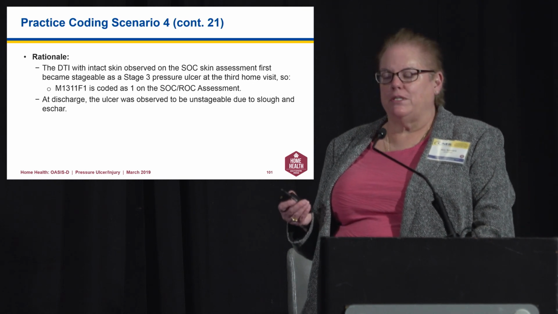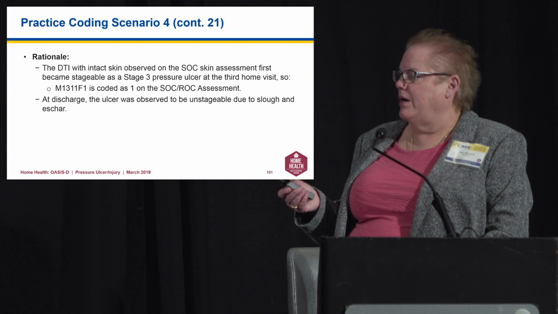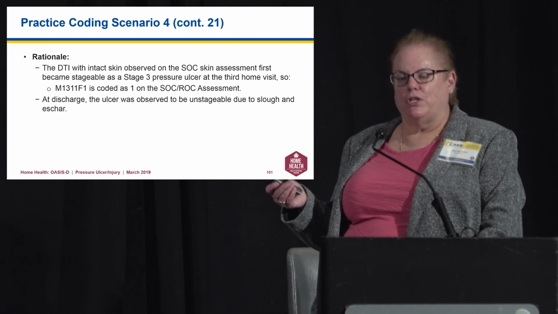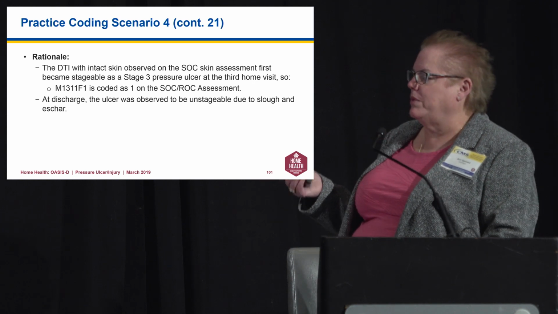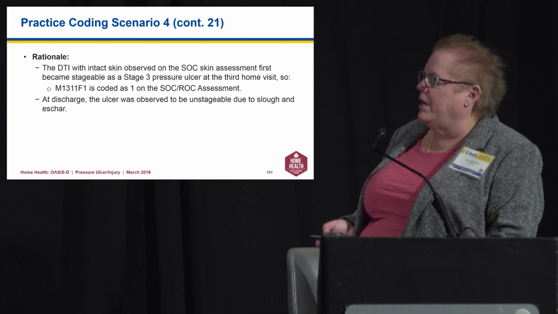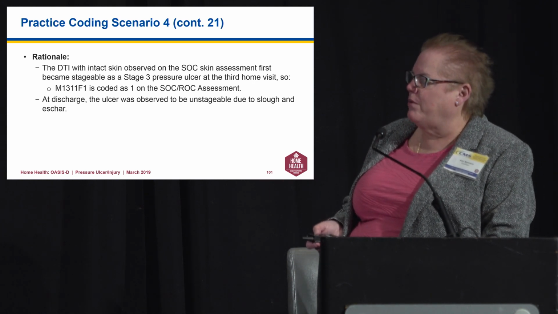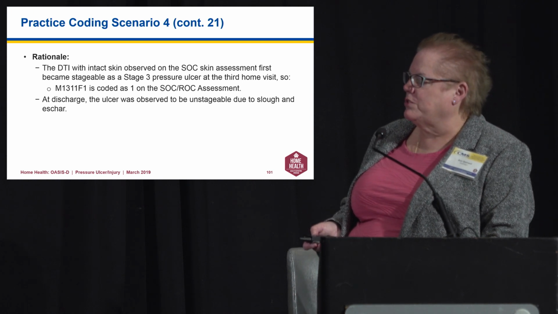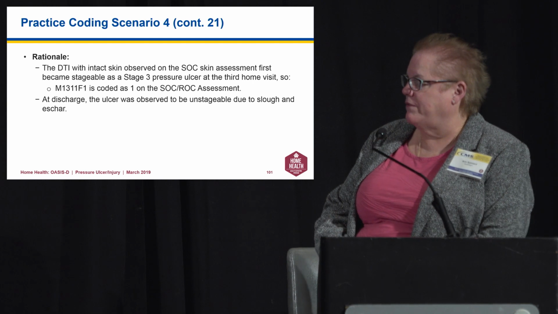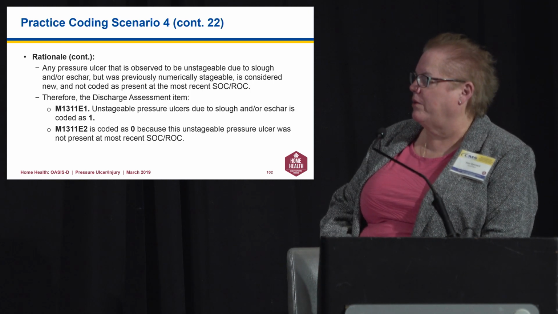So what happens to that stage 3 then? That becomes present on admission if at discharge it's the same thing, right? So that would be that it wouldn't be new or different. So M1311F1 is coded as 1 on the SOC/ROC assessment. At discharge, the ulcer was observed to be unstageable due to slough and eschar, and so that's how we had the coding.